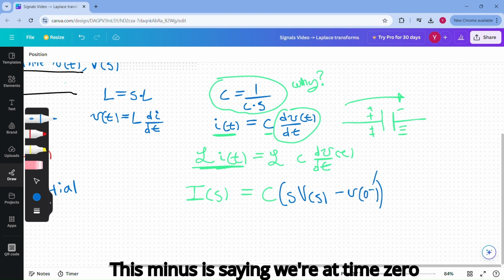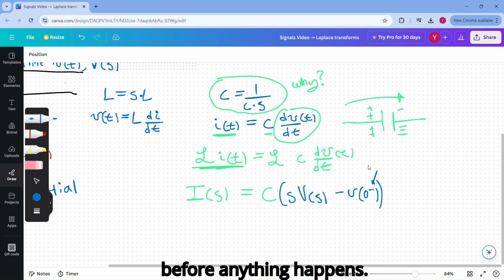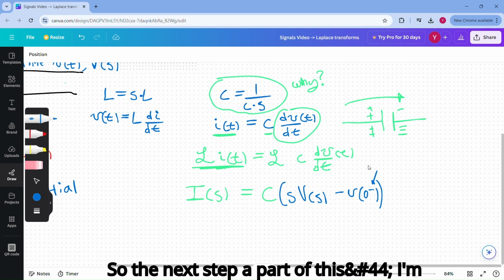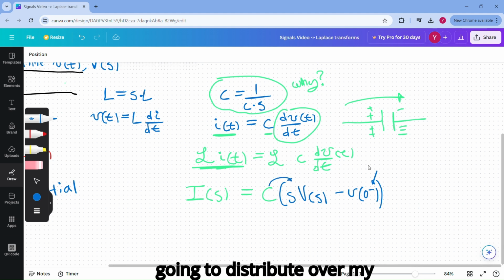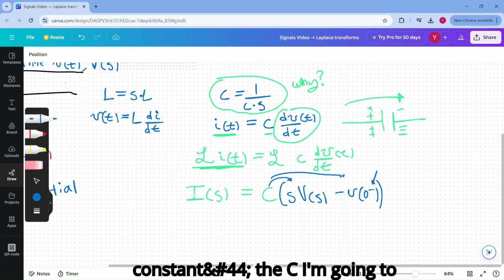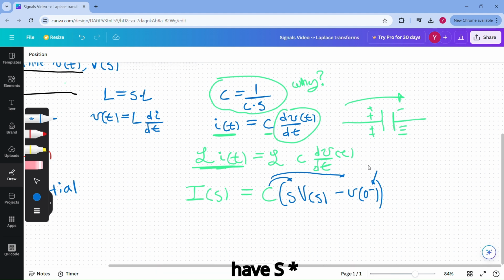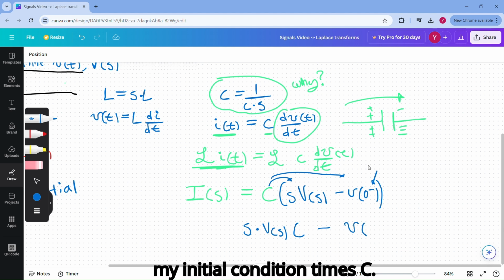This minus is saying we're at time 0 before anything happens. So the next step, I'm going to distribute over my constant, the C. I'm going to have S times V of S times C, and then minus my initial condition times C.